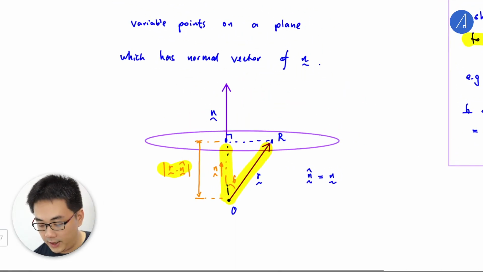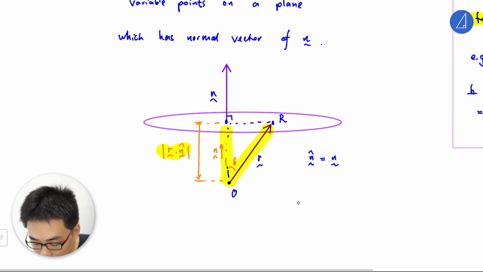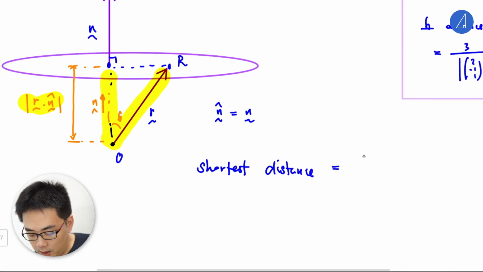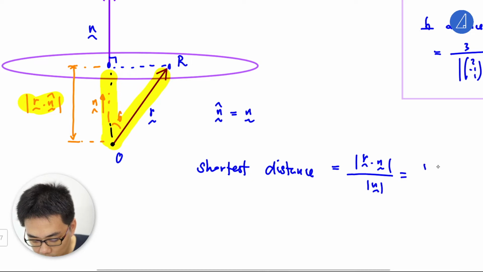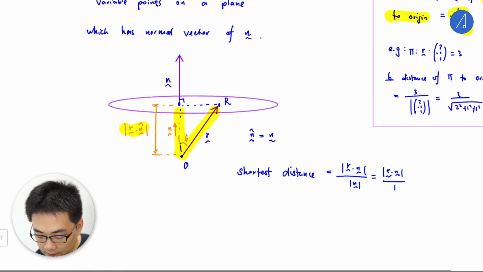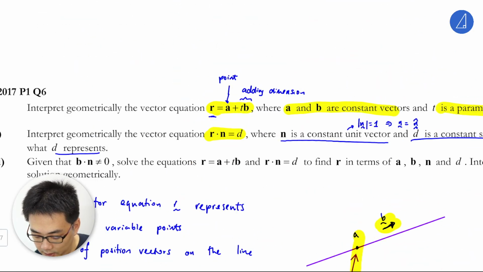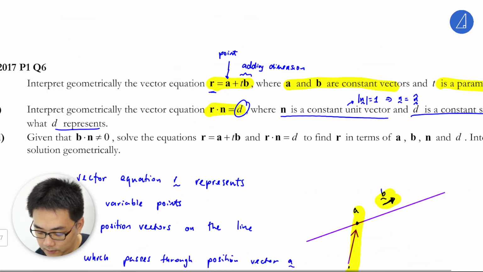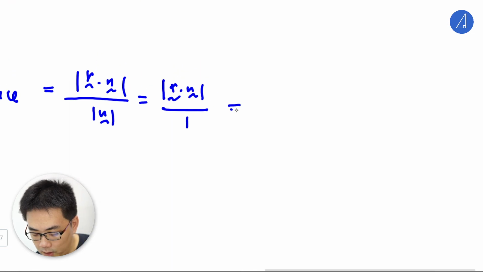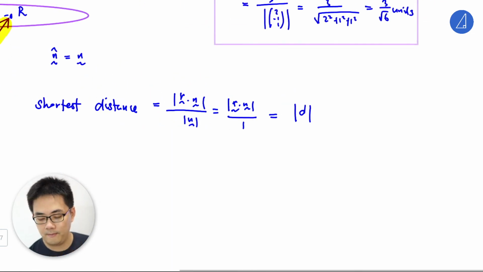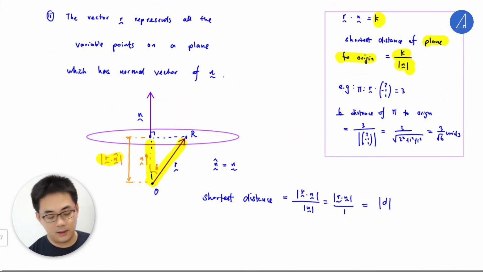So in other words, the shortest distance will be r dot n over mod n, which is actually 1. So r dot n in this case is d. So that will be d is the shortest distance.